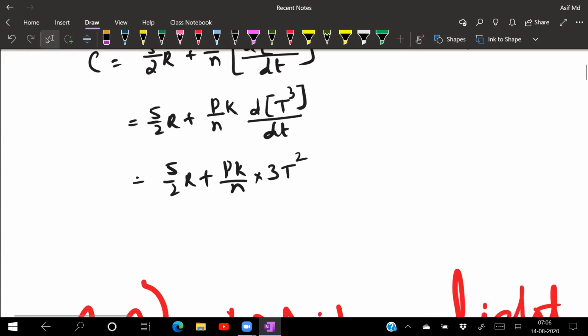So 5 by 2 R plus PK by n into 3T square. Now if I simplify this, this is equal to 5 by 2 into R plus P by n into 3 into T square into K.